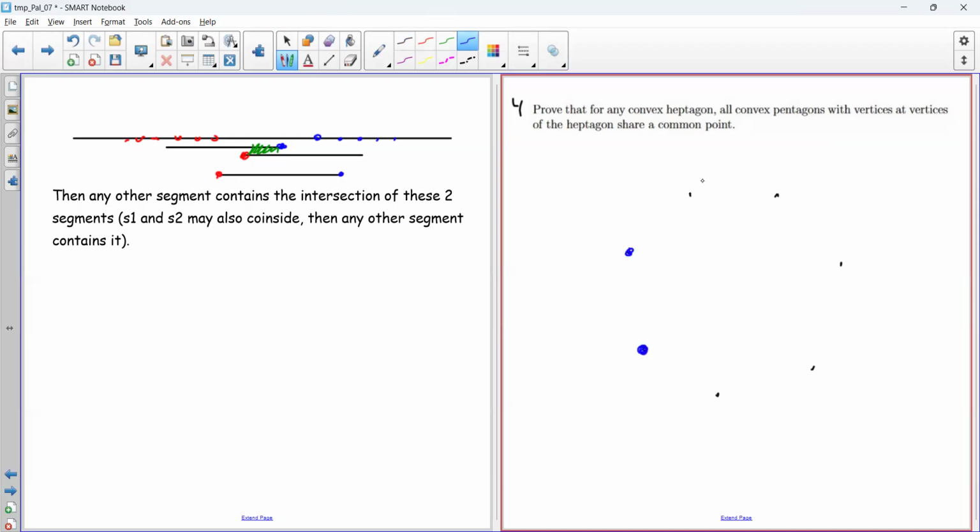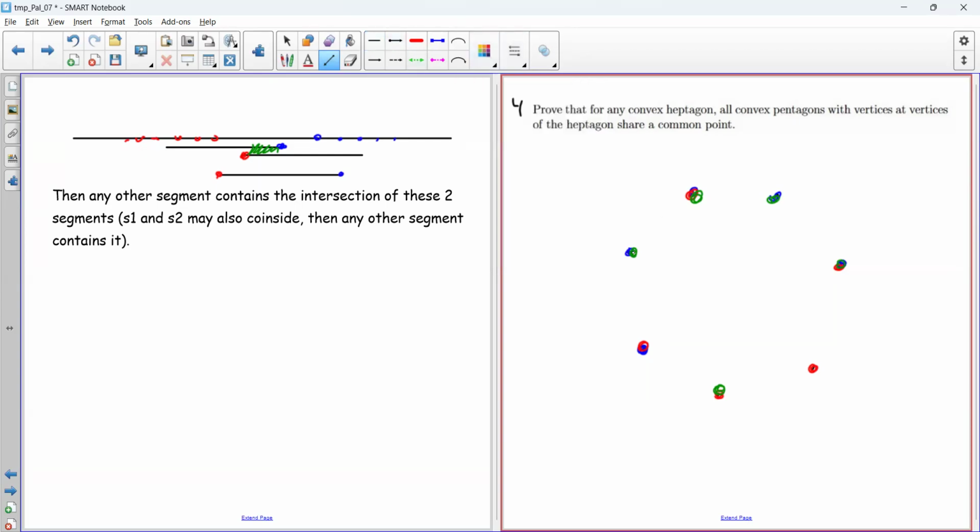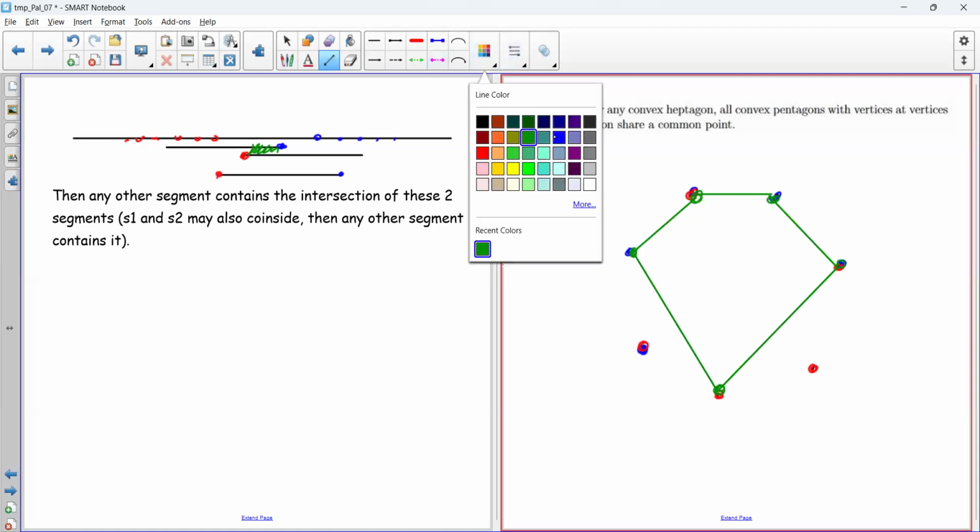So say this one, with these vertices, then these vertices, and say these vertices, which allows us to draw corresponding polygons like this.